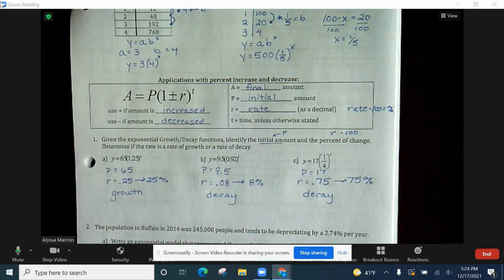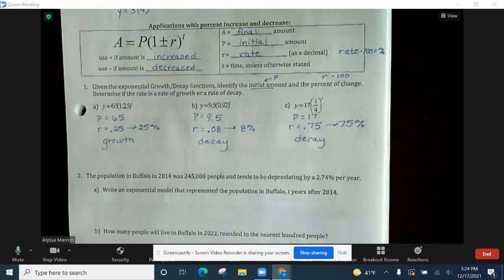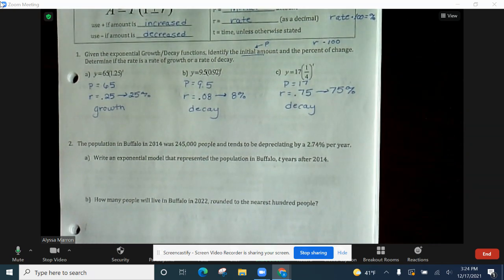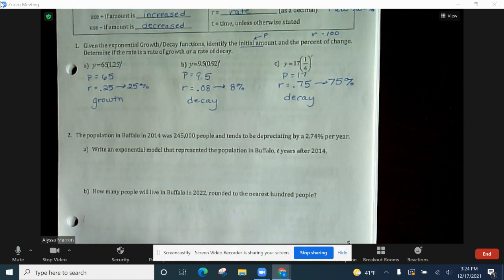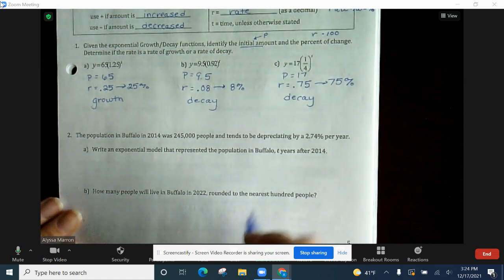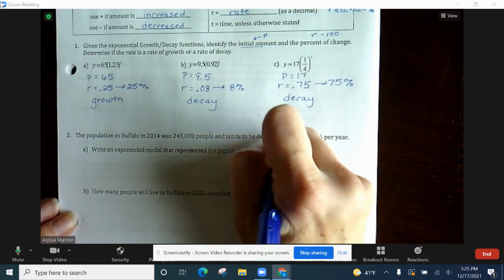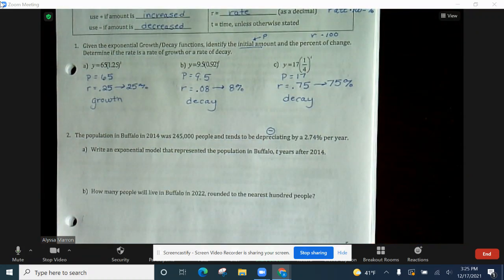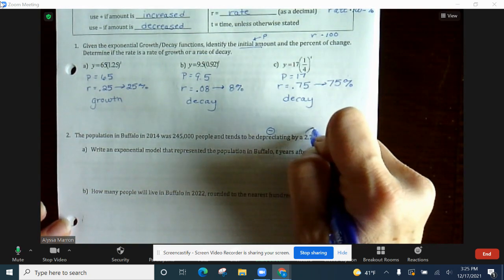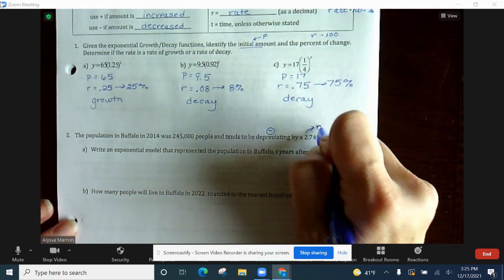So then last, we finish with one application problem. It says the population in Buffalo in 2014 was 245,000 people and tends to be depreciating, which means it's going down, by 2.74% per year. So this is our rate, this time written as a percent.